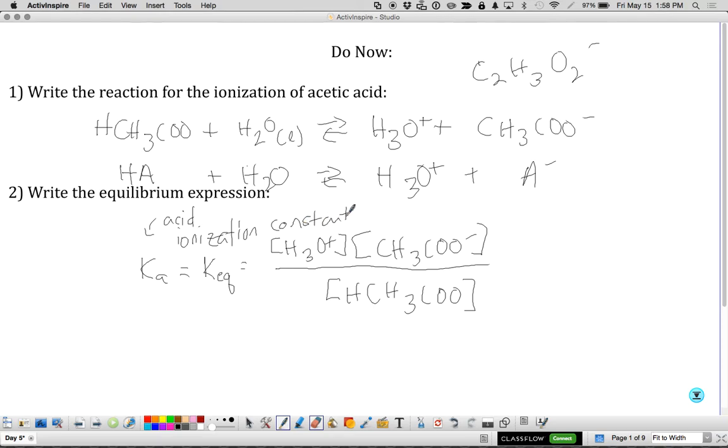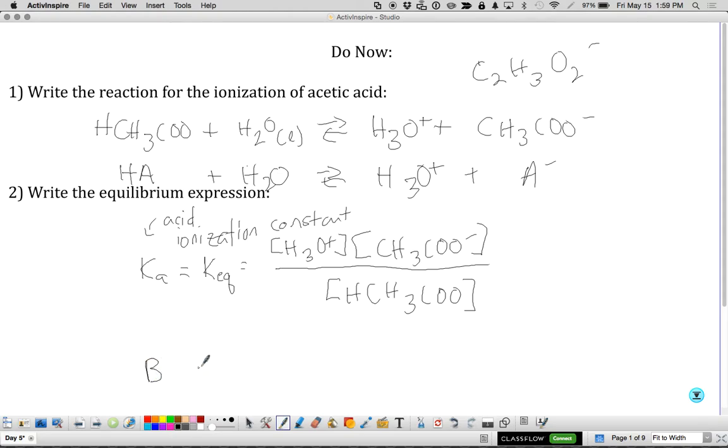All right, not a whole lot more to say there. You know how to solve these. I could also do Kb, which would be for a base, all right? In which case, the equation for that would be not HB, because it's not going to give up a proton, it's going to accept a proton.